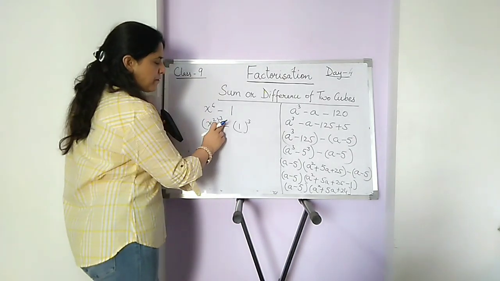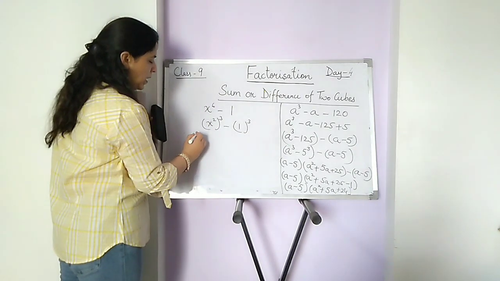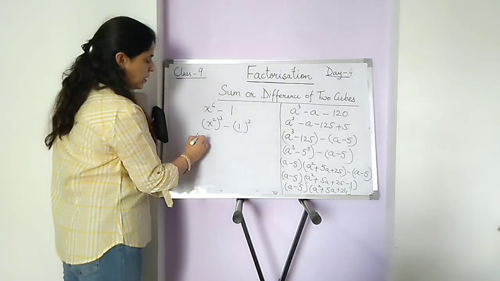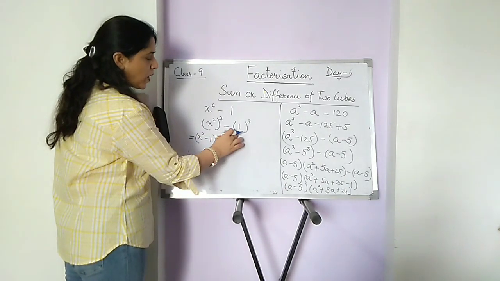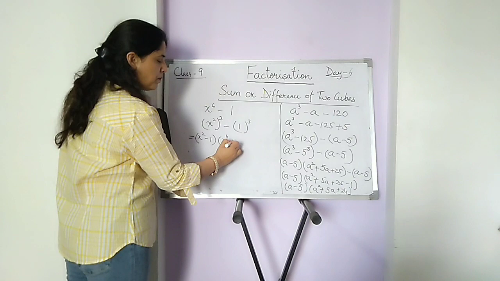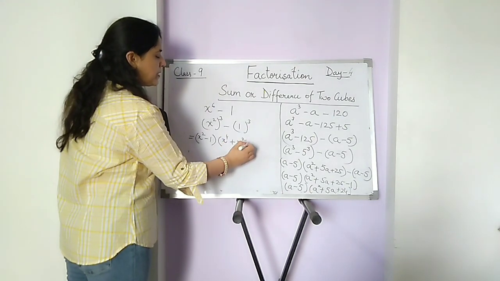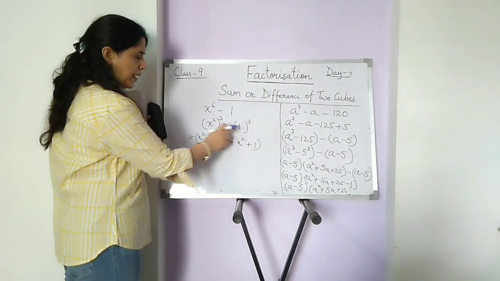We have converted it in the form of a cube minus b cube. So a minus b, x square minus 1, then a square x to the power 4 plus ab plus x square plus 1. I hope I am correct.